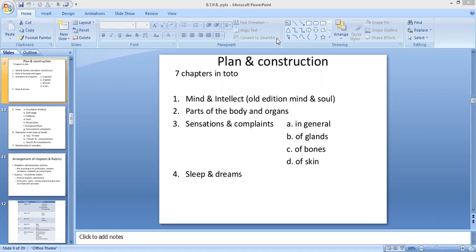So in the mind and intellect chapter, there are no subchapters, and also we found a very small number of rubrics related to mind and intellect in this repertory.